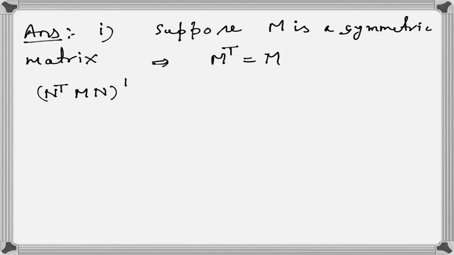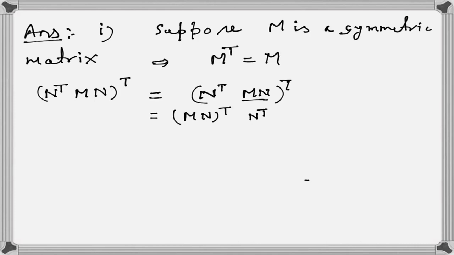So let's take its transpose. That means we need to show that the transpose of this matrix is itself. So let's make the pair. For example, the first one is N transpose, we take it as one matrix, M into N we take as another matrix, and its transpose is nothing but M N transpose into N transpose transpose, because we know that AB transpose is nothing but B transpose into A transpose.